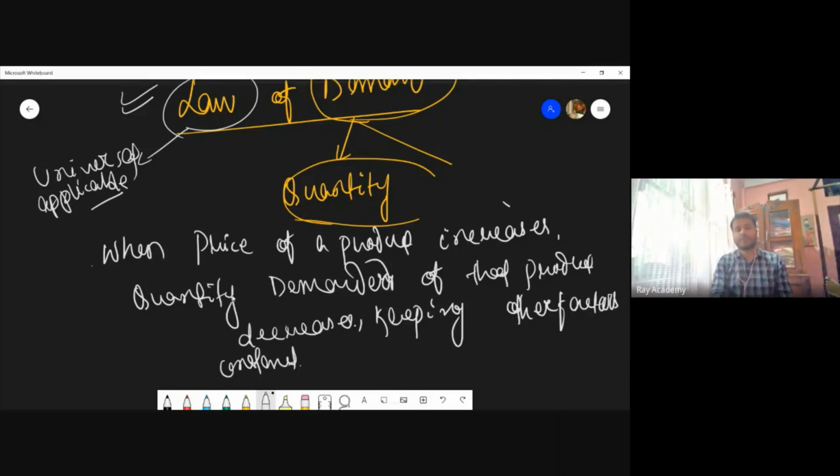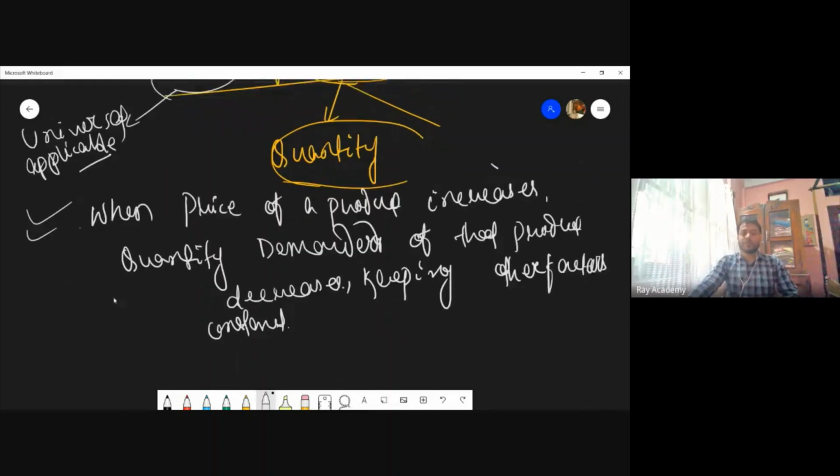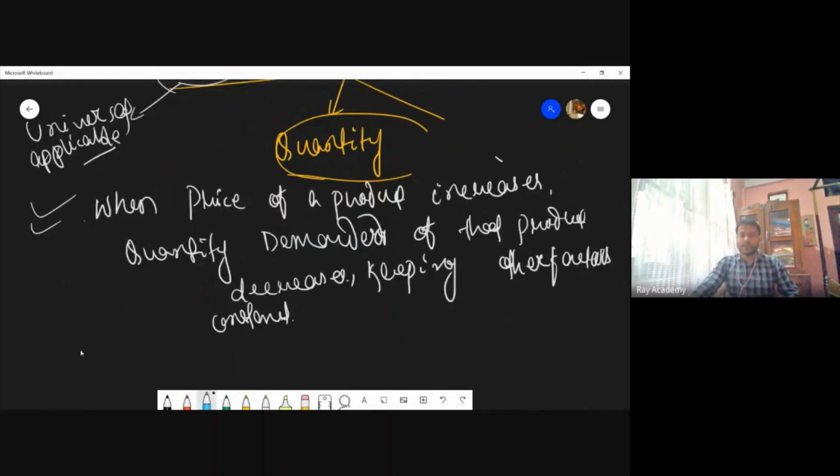Understand? Very important concept. What is law of demand? Law of demand says that when price of product increases, quantity demanded of that product decreases, keeping other factors constant.